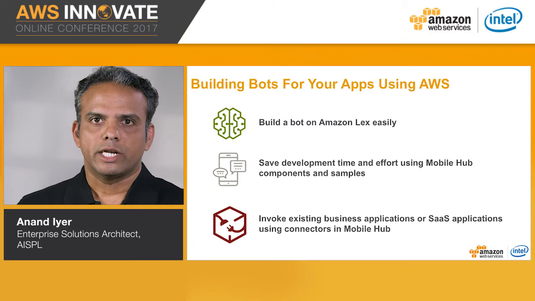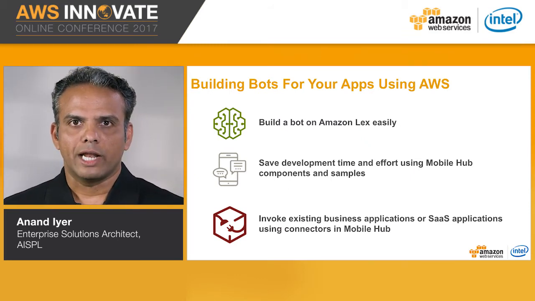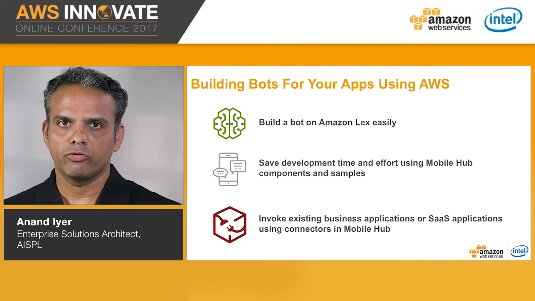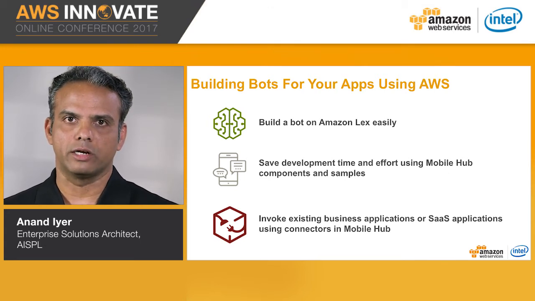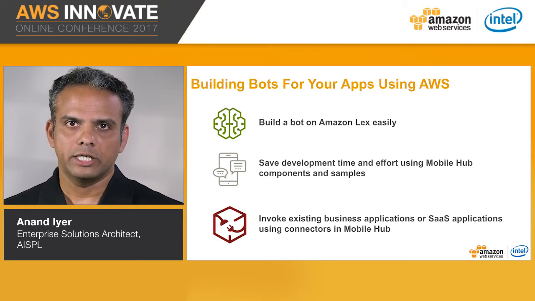User engagement is an area of particular interest to developers. The Amazon Lex integration in AWS Mobile Hub enables developers to take advantage of powerful automatic speech recognition and natural language understanding capabilities that power Alexa to create engaging speech and text-based conversational bots in your app.